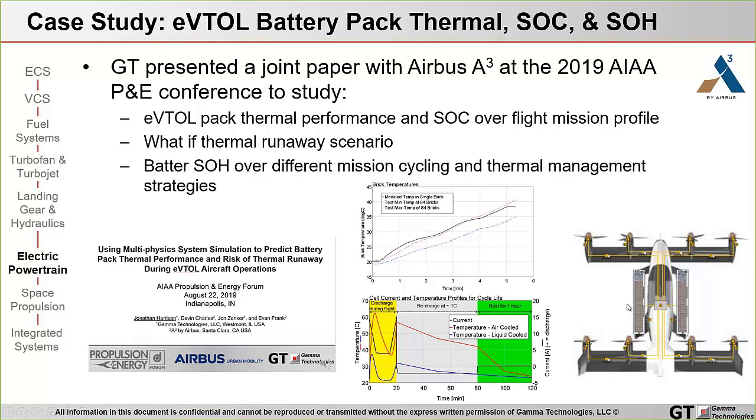One of the goals of the study was to analyze pack thermal performance over a flight mission profile, and also examine state of charge of the battery pack. Here you can see an example correlation, which is in quite good agreement with testing, looking at temperatures at different locations in the battery pack over a flight mission profile.